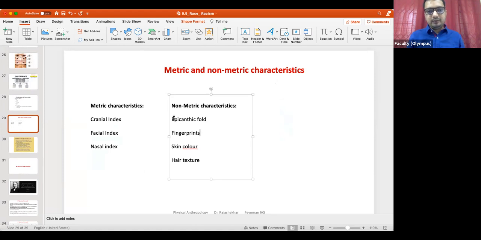These are examples of non-metric characteristics. Although for skin color and hair texture we may have some technology to help identify their intensity, otherwise they can also be considered non-metric. Like that, there are some non-metric and some metric characteristics used for classifying humans.